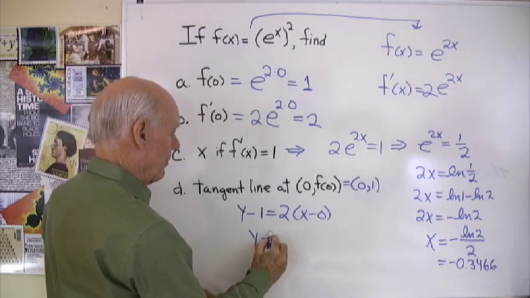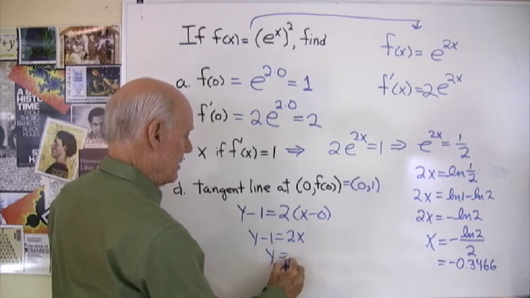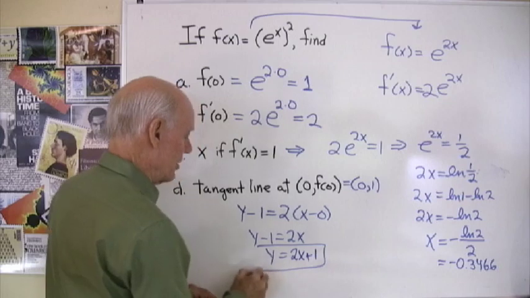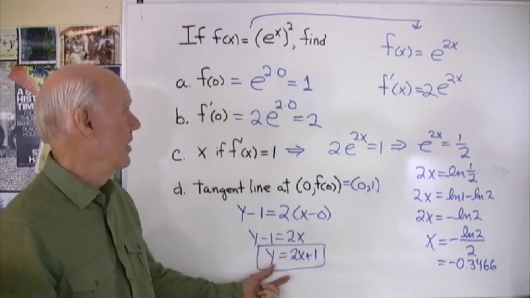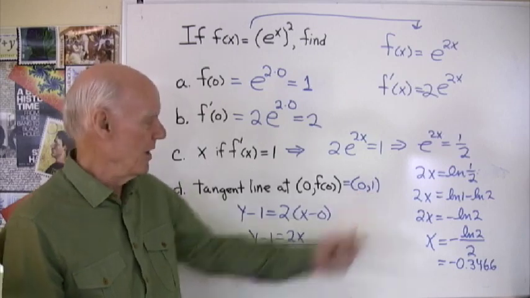So I have y minus 1 equals 2x. So y is equal to 2x plus 1.